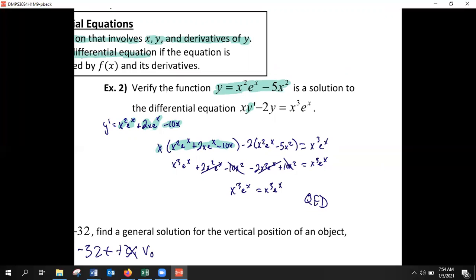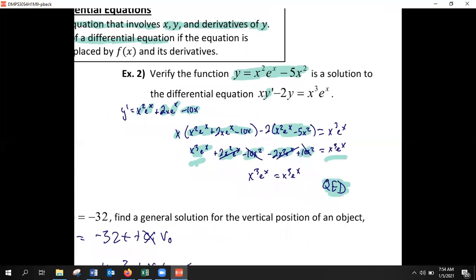Minus 2 times y. And if we distribute, we get x cubed e to the x, we get 2x squared e to the x, and we have minus 10x squared. Then negative 2x squared e to the x plus 10x squared. We can see that some of those things cancel. And really what we're left with is just what's remaining. So yes, we verified, this is a solution to the differential equation. So verifying that it's a solution is pretty easy. We just plug in the y, we plug in the derivatives.